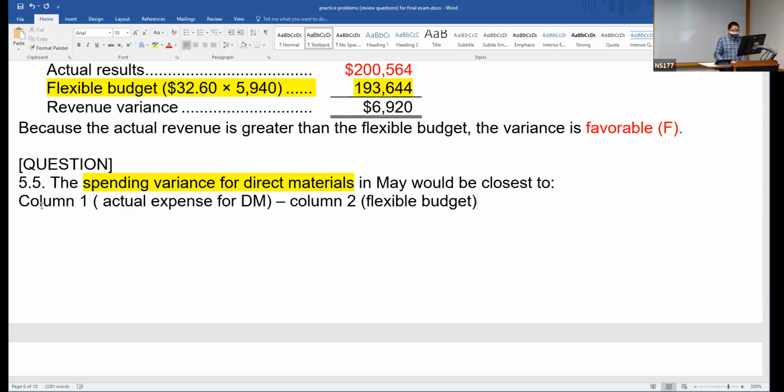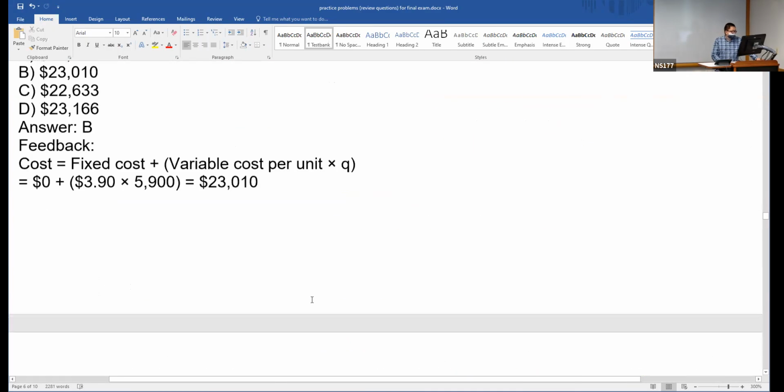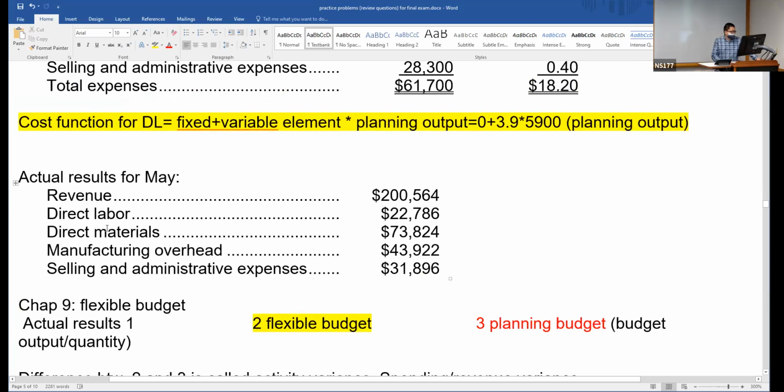And for the flexible budget, we still use the same function as the planning budget for developed materials. Now we plug in the actual quantity. So now let's go back to find out the function or the formula to calculate the developed materials. And then here for developed materials, the actual result, the number is given here.